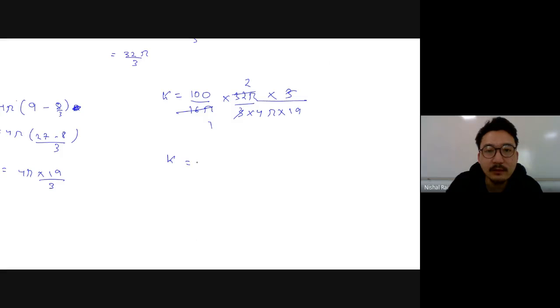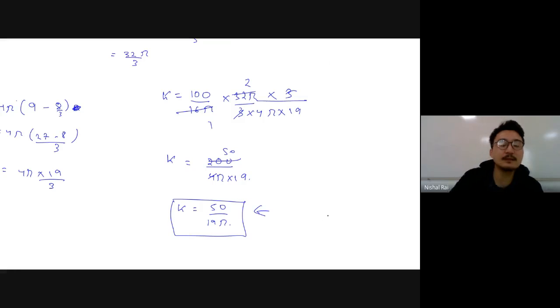So K will be 200 by 4 pi into 19. This will also go 50 times, 50 by 19 pi. So this is your Young's modulus. Is it clear now? No, this is not your Young's modulus. This is your bulk modulus.